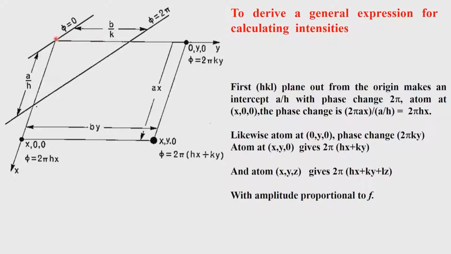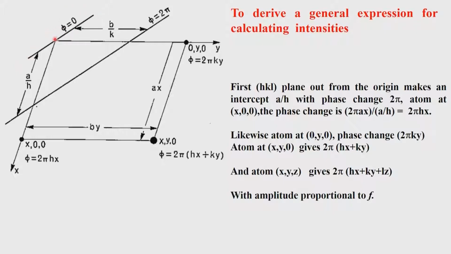So, if you consider a plane passing through the origin, as we have always discussed, this particular plane will have a phase difference of 0 because there is no path difference at 0 0 0. We also have shown that all atoms lying on this plane will scatter in the same phase. So, the phase is 0 associated with atoms lying in that plane.